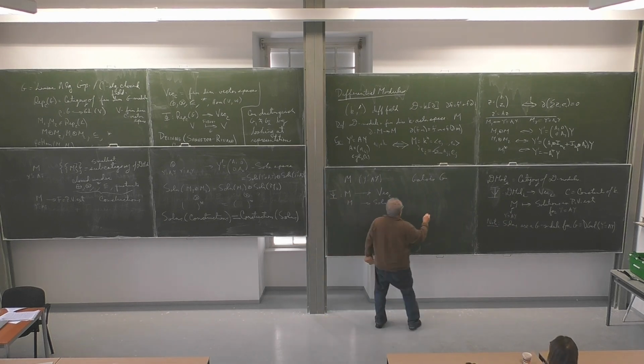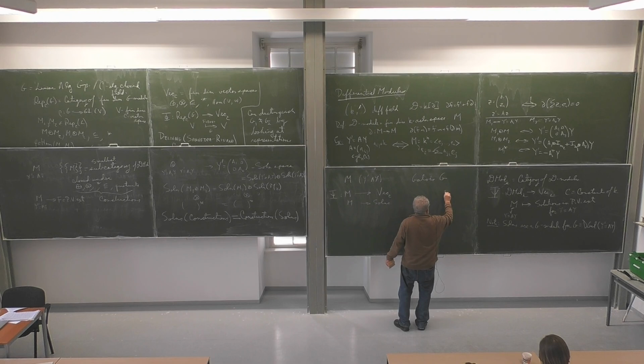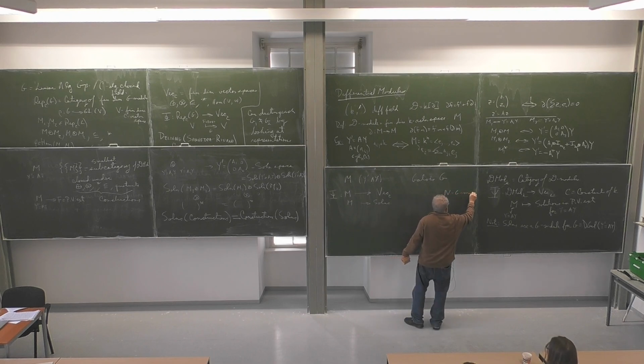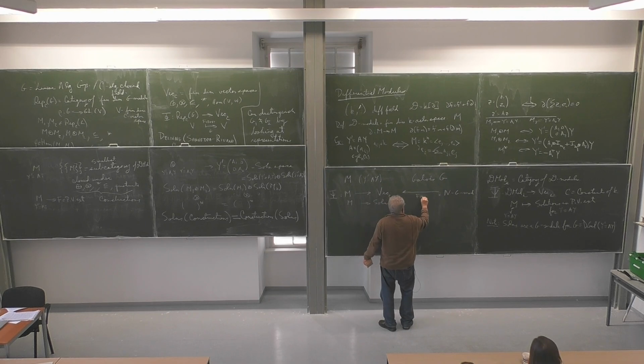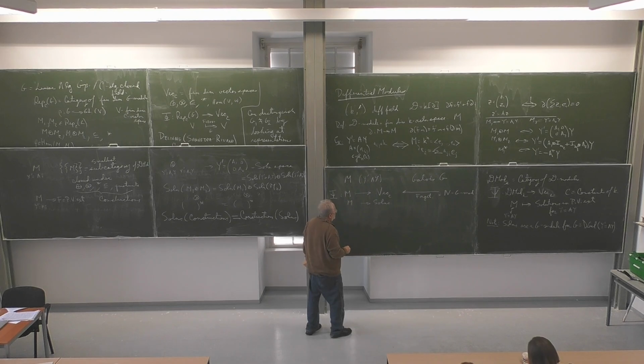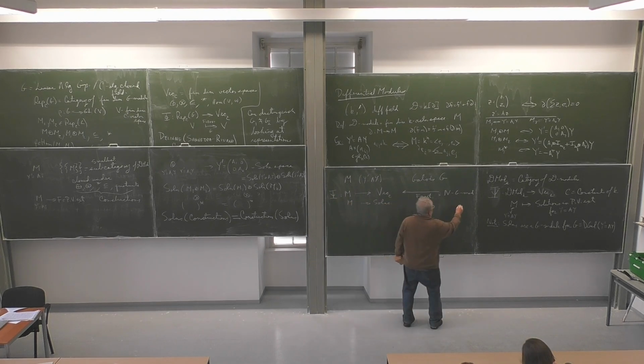And from the Galois group, I can take a G module, some G module, and I can go into here using my forgetful functor. And the point is that the images are the same.